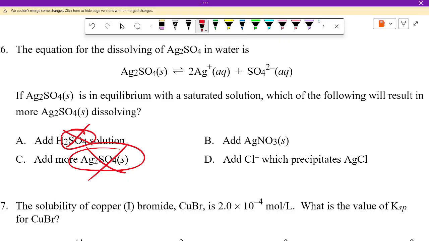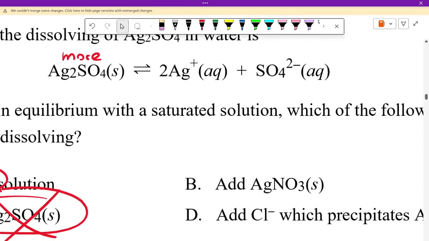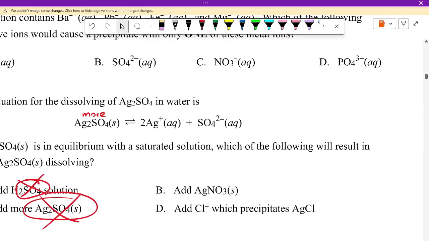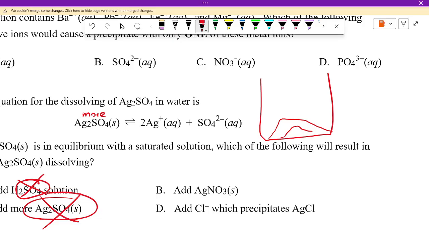So if I added more Ag2SO4, so I go from having a pile that is this big to having a pile that is this big, what would that do to the rate of the forward reaction? Increase it because we have more surface area. And what would it do to the reverse reaction?